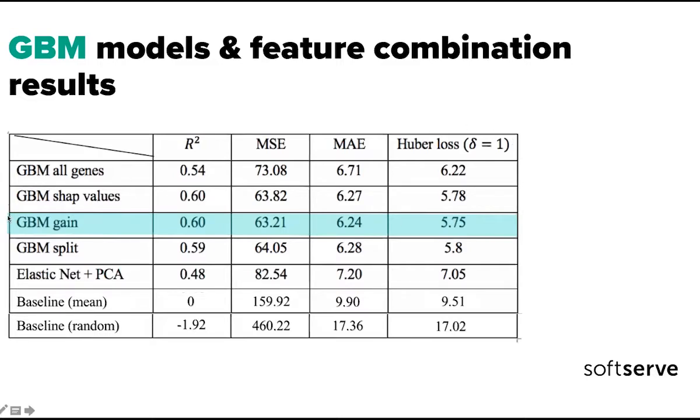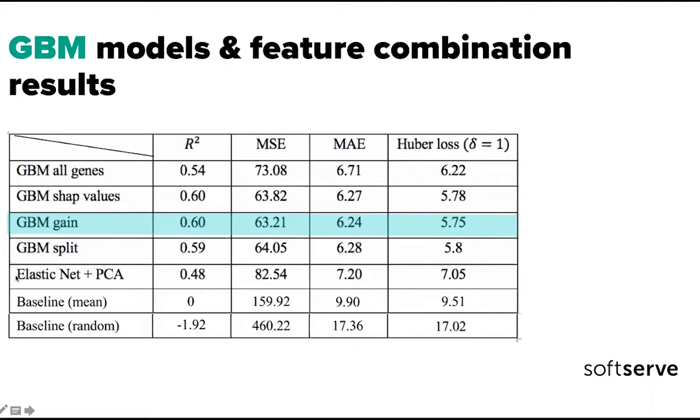We also have these 3 models of GBM, which were built using the previous schema. And from here, we can see that the coefficient of determination is not really changing much, but all of these 3 models are much better than just the simple GBM model on all of the genes. But we still see that the selection using gain has better mean squared error and absolute error.